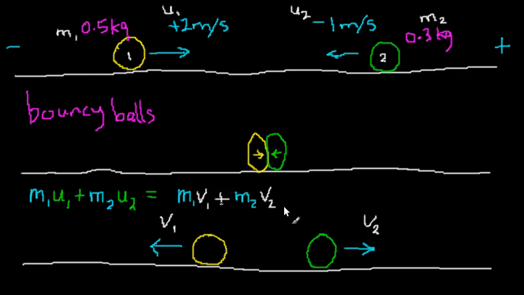But we can describe this in words. We can describe this equation by saying that the total momenta before collision, that will be this part, is equal to the final momenta after collision. Right?